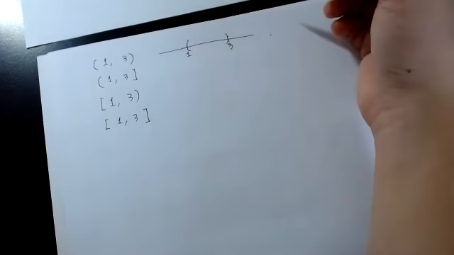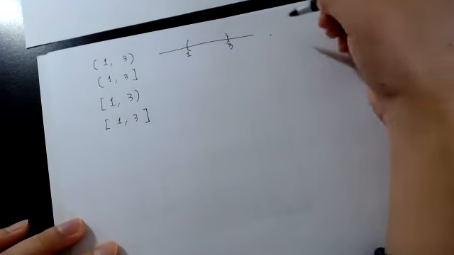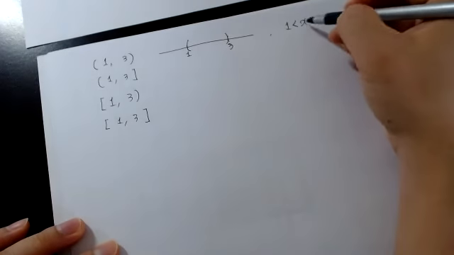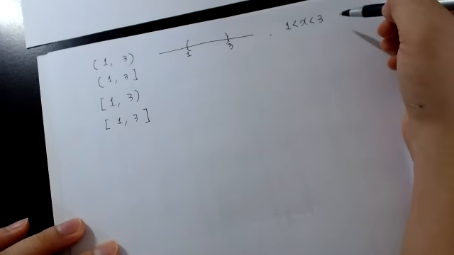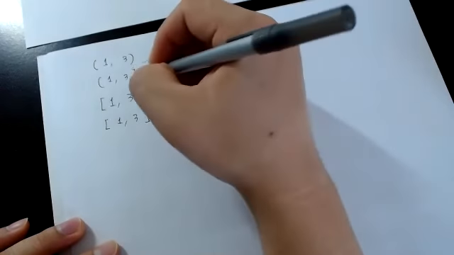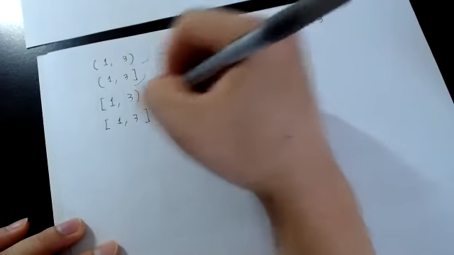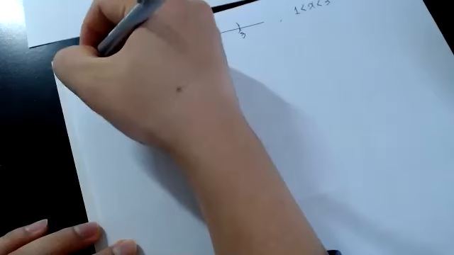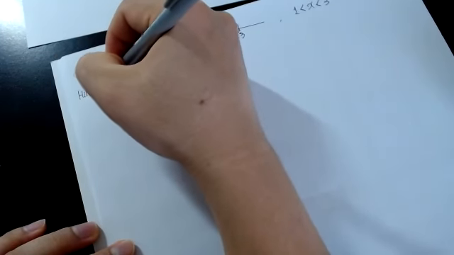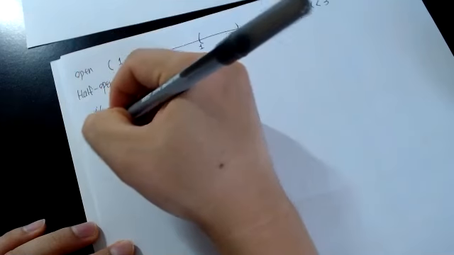Expressing this using inequality, you get x is between 1 and 3, but not equal to 1 and 3. For this one, half open: this is the open number, and this is half open, and this is closed.